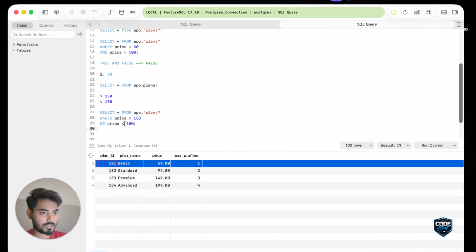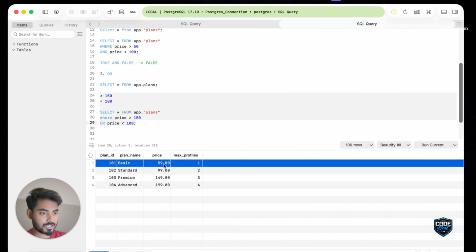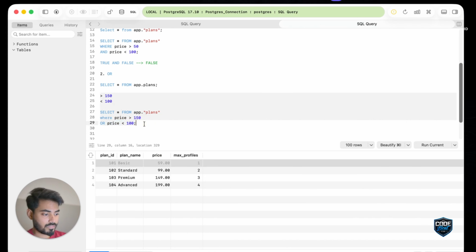The first row has a price of 59. Is this condition true, price greater than 150? No, this condition is not true. What about the second condition? Is this price 59 less than 100? Yes, 59 is less than 100. So this condition is true.